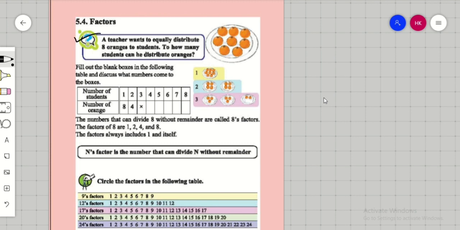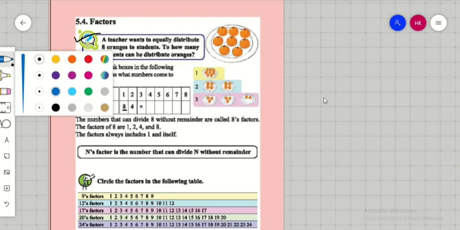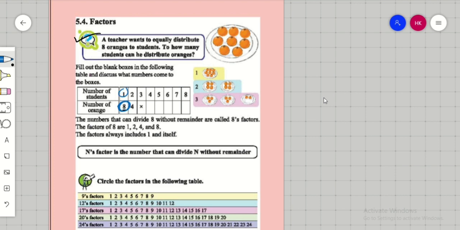A teacher wants to equally distribute 8 oranges to students. To how many students can he distribute the oranges? The number of oranges is 8. So you can give all the oranges to one student, or you can give 4 oranges to each of 2 students.